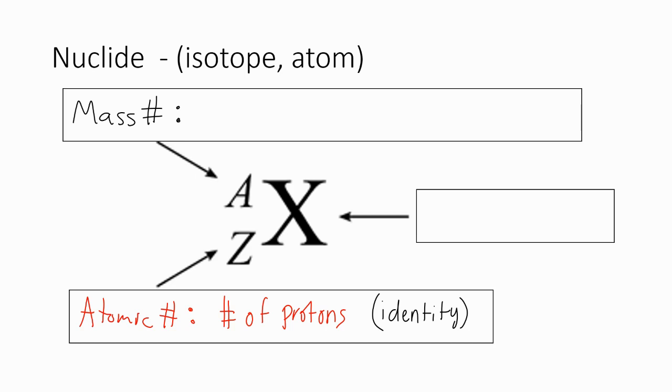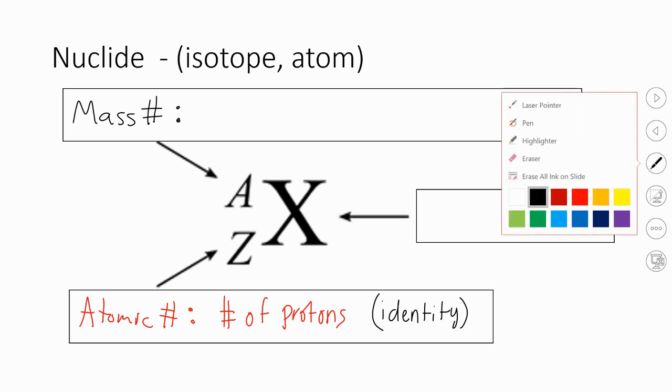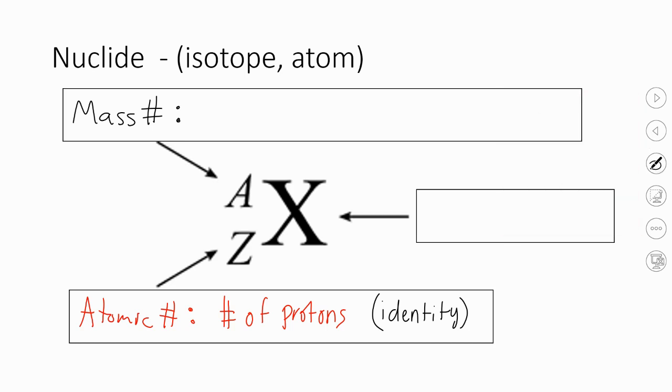So what in the nucleus has mass? What's in the nucleus? Neutrons. Protons also live there. So this is the number of neutrons plus the number of protons.